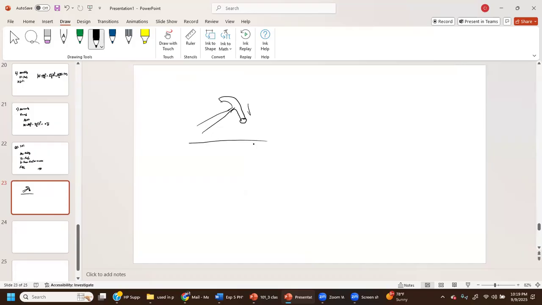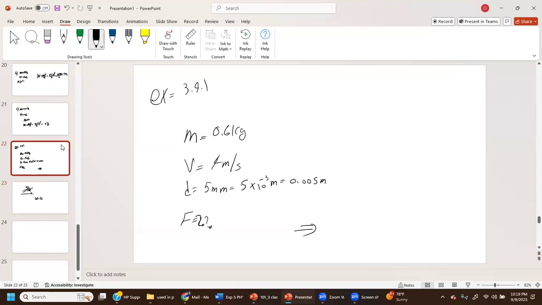You have some kind of force and a velocity going to some kind of distance, which means you have work done. And the work done is your force times your distance. Now, we do not have the force because that's what we need to find. We do not have the work, but we do have the distance.